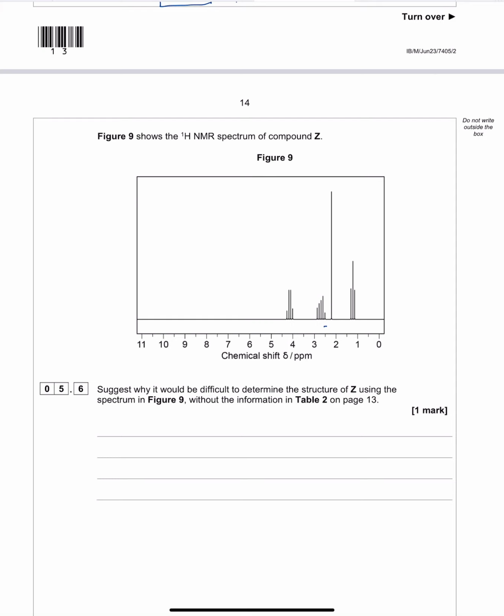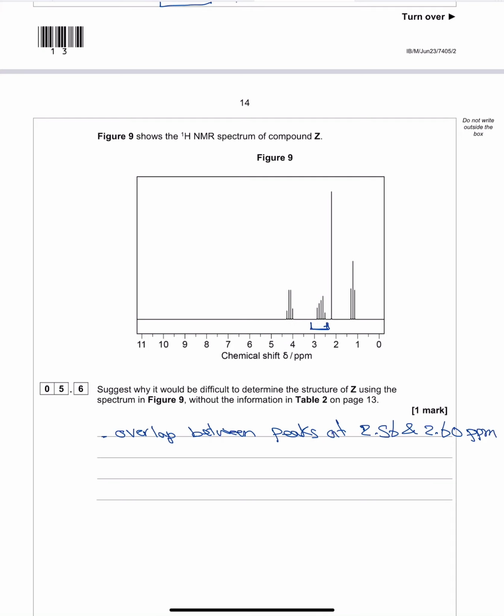The first one here is this peak between 2.5 and 3, which are the two peaks at 2.56 and 2.60. There is an overlap between these two peaks, at 2.56 and 2.6 parts per million.